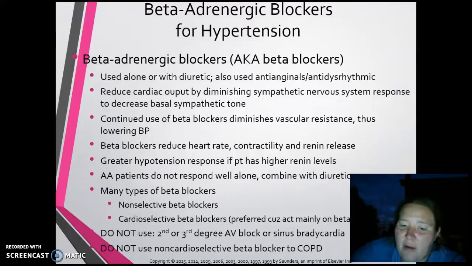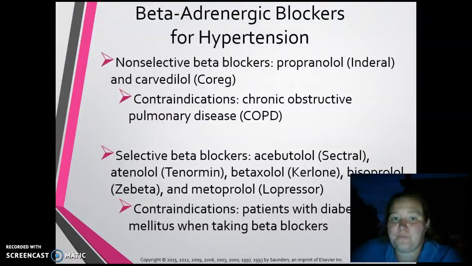And again, beta blockers for COPD patients. We kind of talked about that a little bit too, that patients with lower respiratory disorders may be contraindicated to use beta blockers. So make sure you just read through this, add some stuff to your cards as you need them.